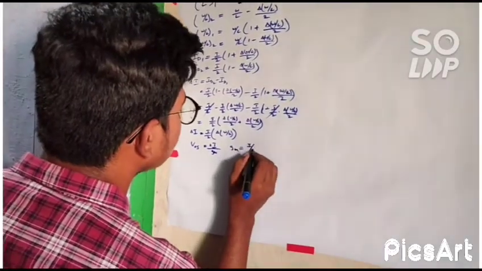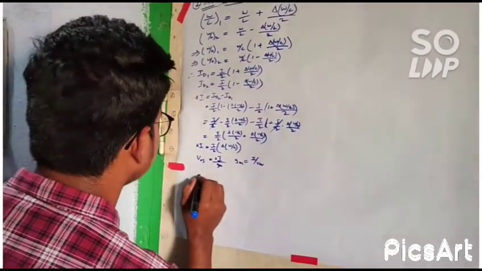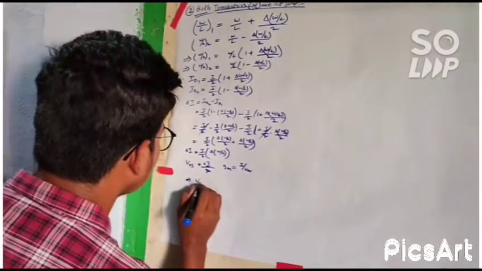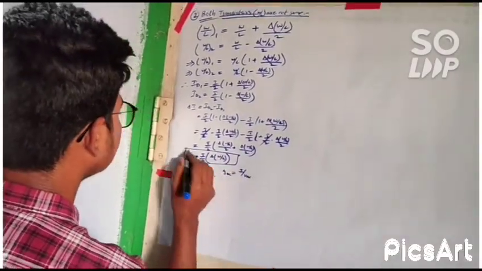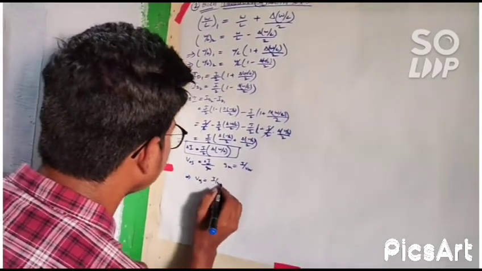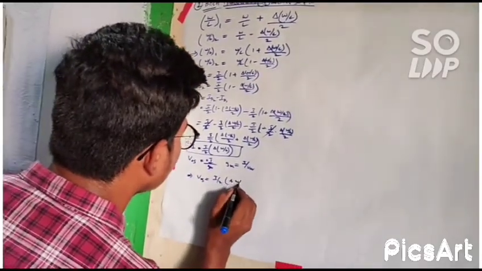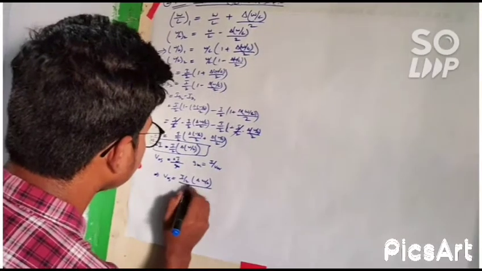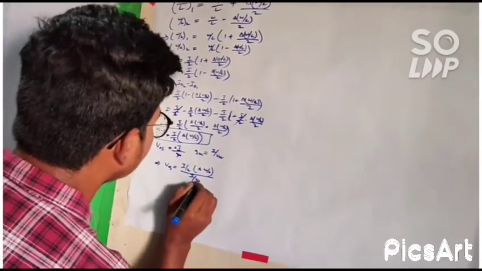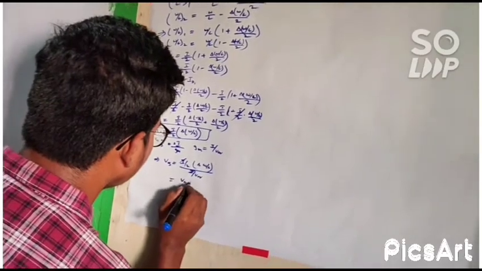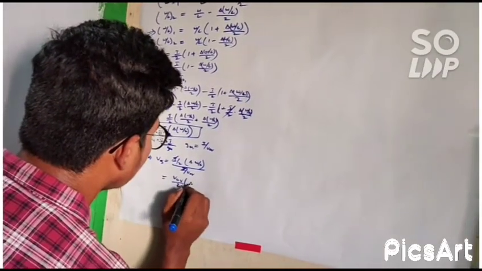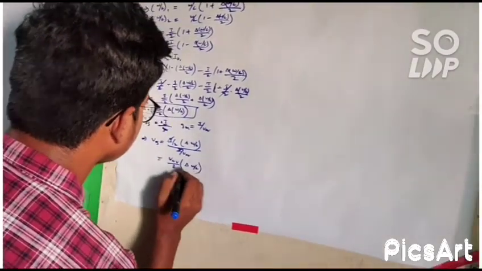Here I by 2 and I by 2 are cancelled. Now we take this as common: I by 2 into delta W by L by 2 plus delta W by L by 2. Now this results delta I is equal to I by 2 into delta W by L.